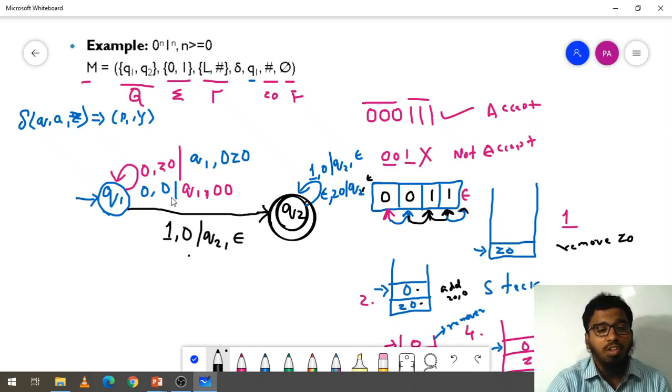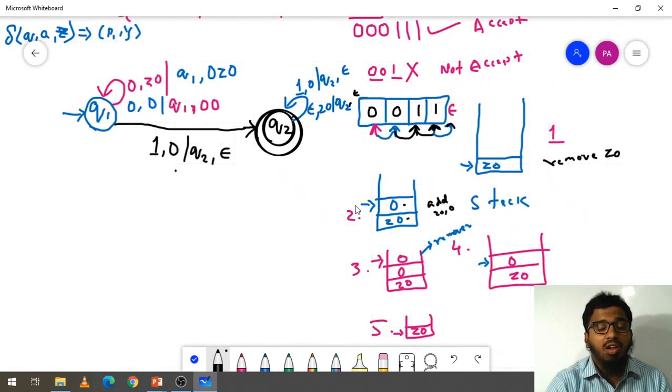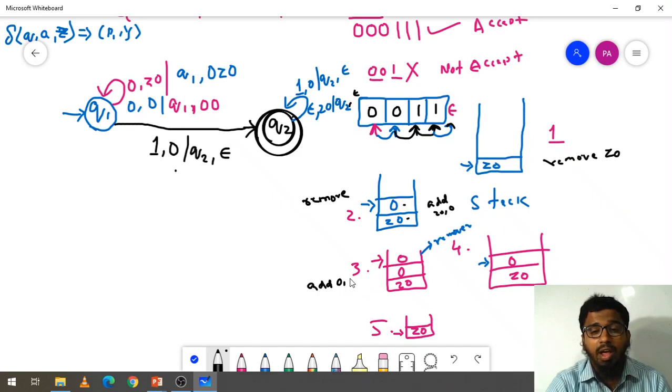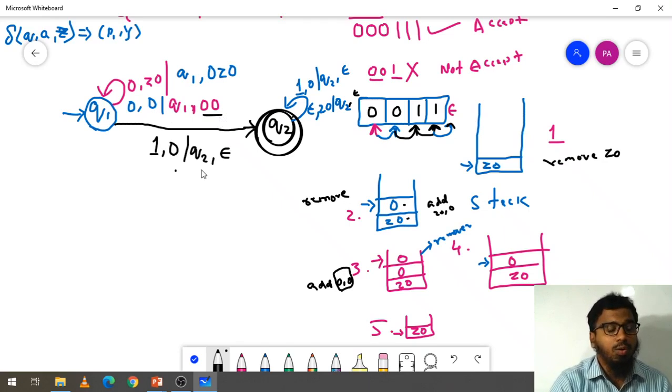So 0 comma 0, then we need to remove this 0 from here and add 0 and 0, these two we are adding here again. This is a rule: first we are removing, then we are adding. So when we add, we will get 0 0.